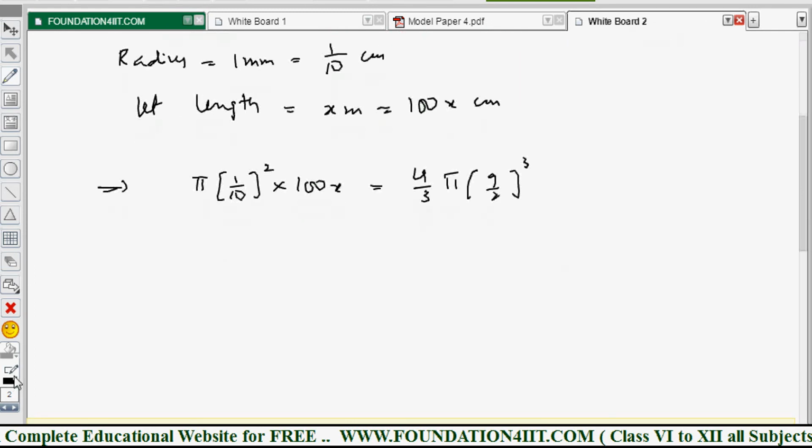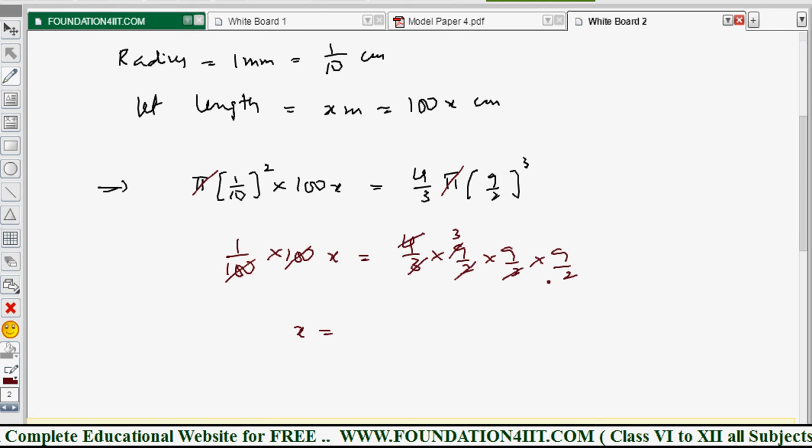Now from this we can cancel some terms. Pi gets cancelled from both sides. And remaining, if we simplify, 1 by 10 whole square, so 1 by 100 into 100x is equal to 4 by 3 into 9 by 2 whole cube. So 9 by 2 into 9 by 2 into 9 by 2, 3 times. 100 gets cancelled here. Then x is equal to, we cancel: 3 ones are 3, 3 threes are 9, and 2 fours are 4, 4 fours.